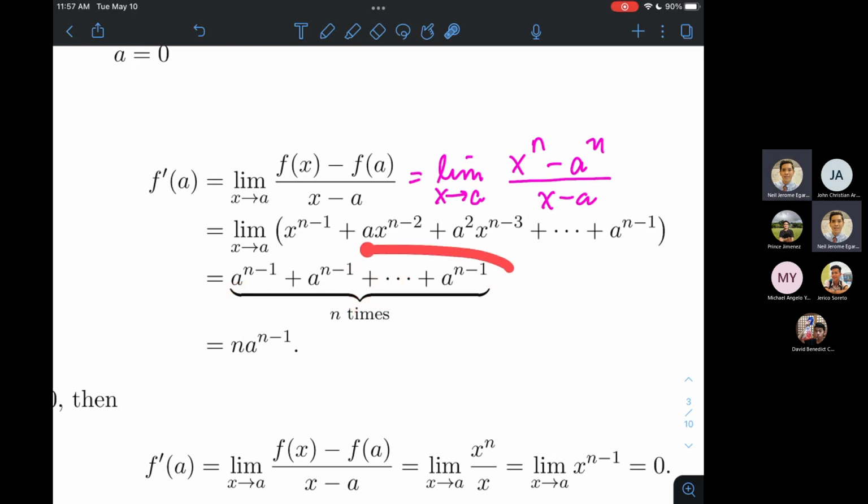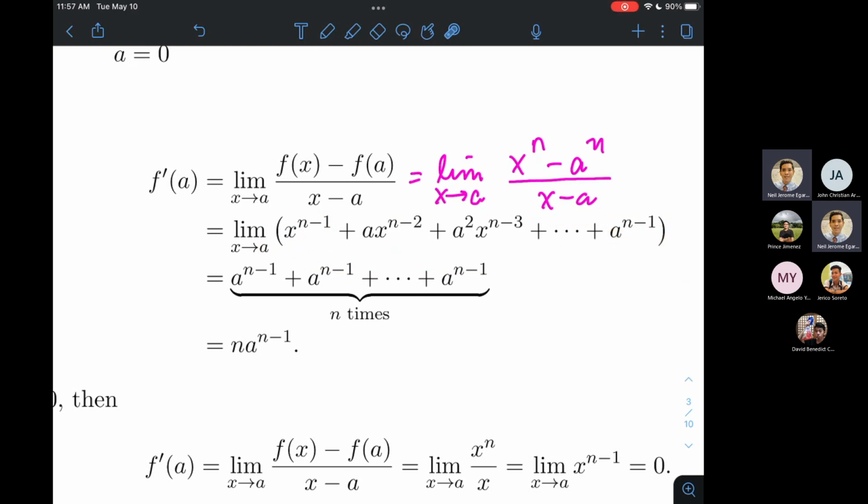And you will notice that all of these will be a to the power n minus 1. Tapos bibilangin natin ilang a to the power n minus 1 yun nandun sa sum. So this is n minus 2. So 1, 2, 3. Hanggang dito, makakaabot tayo sa n minus 1. Tapos, meron pang isang extra term, yung constant term. So there's a total of n terms in here, right? Kasi may mga x's, meron na kagad tayong n minus 1 of them.